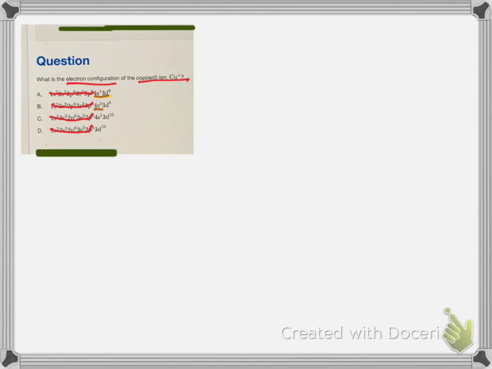B has 4s2 3d8, so one more in the s orbital and one less in the d orbital. Option C has 4s1 3d10, which is two more from option B in the d orbital and one less in the s orbital. D, however, only has 3d10. So they're all the same right here up until these ones.